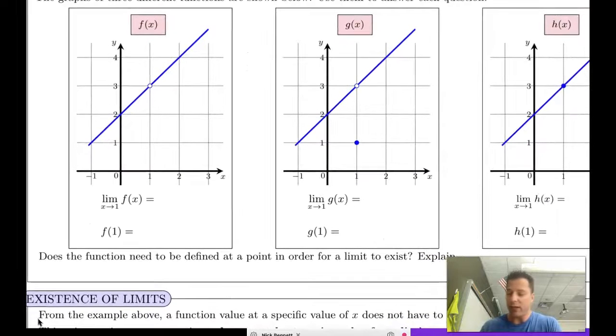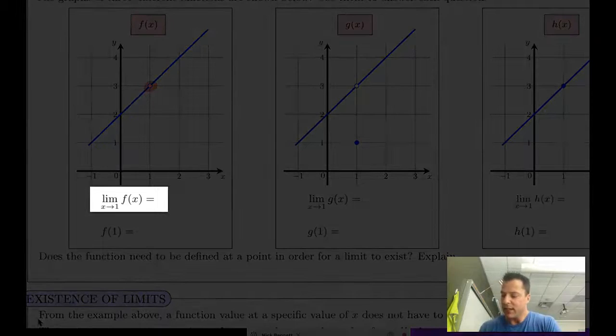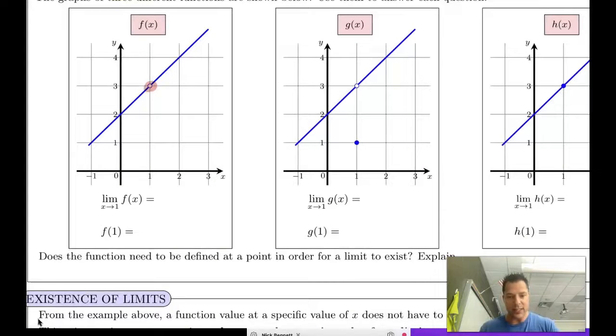So we have this straight line, and right away I noticed there's a hole here, so that function is not going to be continuous. And they ask us, the limit as x approaches 1 of our function is equal to what? Well, as our x's are approaching 1, what are our outputs doing? What are our y values doing?